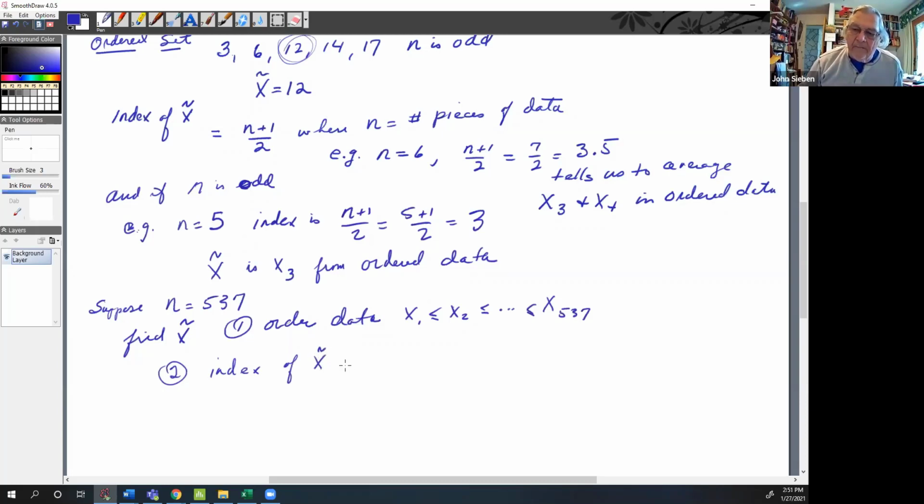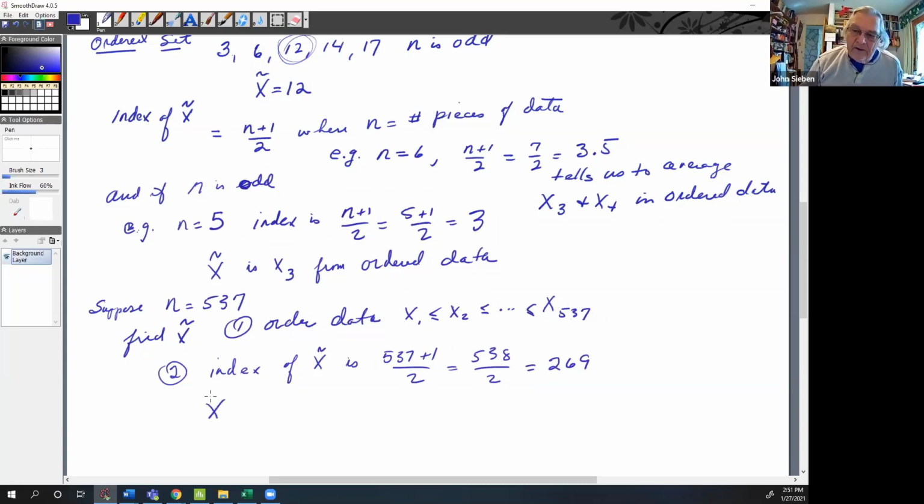Then the index of x tilde is (537 + 1)/2 = 538/2 = 269.